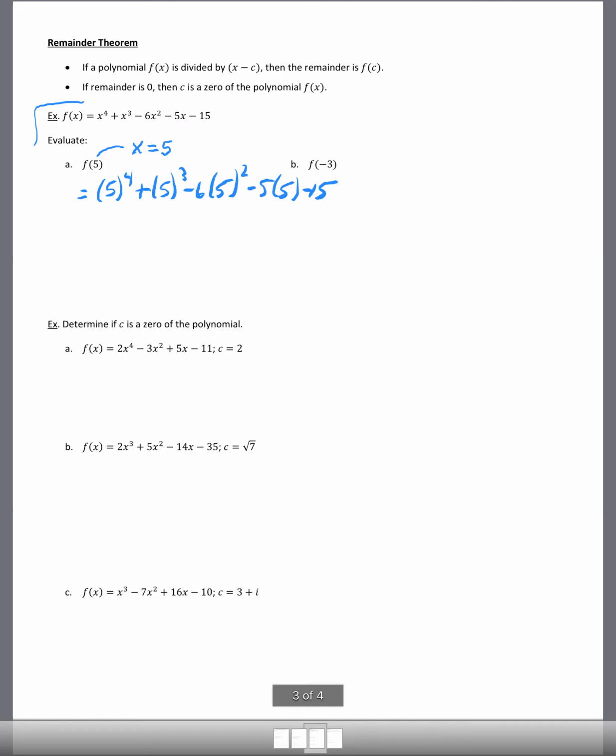If you'll put that in your calculator for me, let's see what we get. Okay, and I got a value of 560. Let me double check my work real quick.